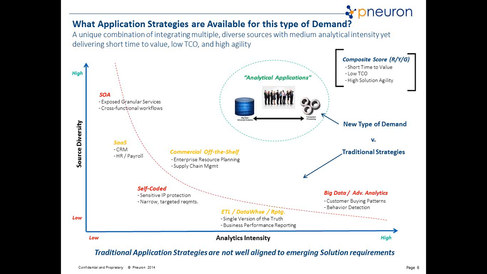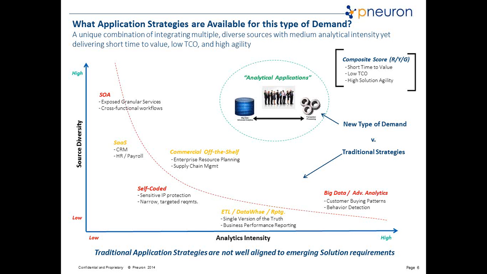They tend to deal very well with a wide variety of sources, interacting with applications and the like, to solve a specific application need. If you go down the curve, to the lower right, we've seen over the years ETL, data warehousing, reporting, and now big data and advanced analytics do a fantastic job at the very robust analytic requirements, generating new insight from these large volumes of data.